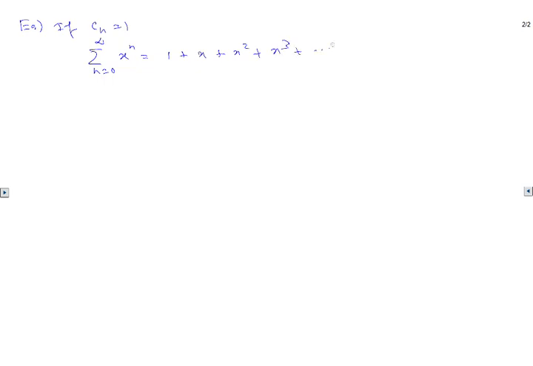So this is just a geometric series, right? In this case, r is simply x, and then we know that it converges when the absolute value of r, in this case the absolute value of x, is less than 1.